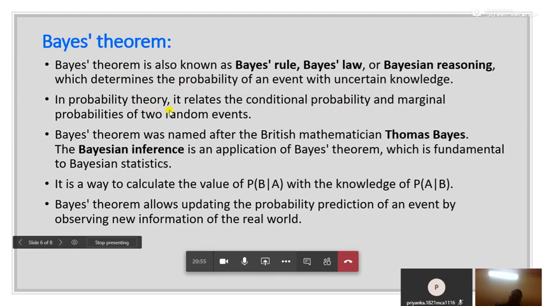In probability theory, it relates the conditional probability and marginal probabilities of two random events. Bayes theorem was named after the British mathematician Thomas Bayes. Bayesian inference is an application of Bayes theorem, which is fundamental to Bayesian statistics.